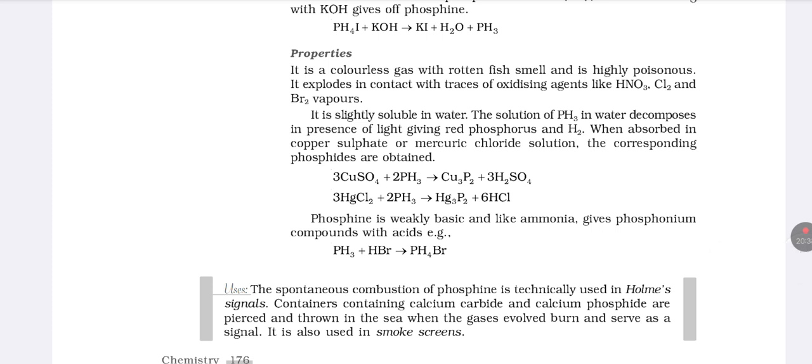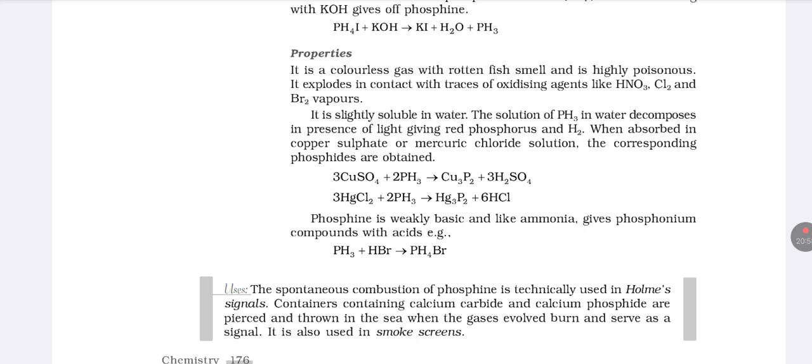Properties. It is a colorless gas with a rotten fish smell and is highly poisonous. It explodes in contact with traces of oxidizing agents like nitric acid, chlorine, and bromine vapors. It is slightly soluble in water.